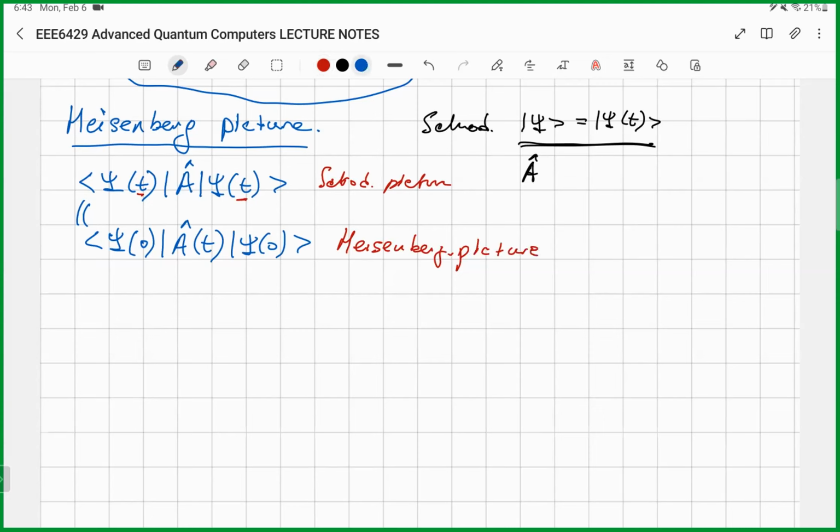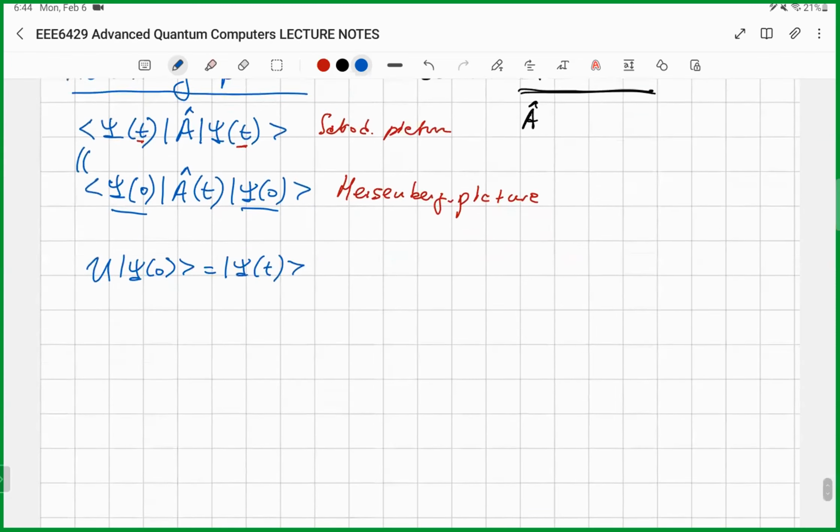Well, I have this psi at time moment 0, and in order to get psi at moment t, I have to multiply this by this unitary evolution operator U, right? So I do something like this, and my result will be psi t.